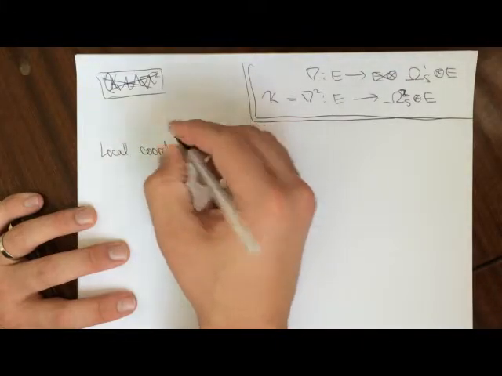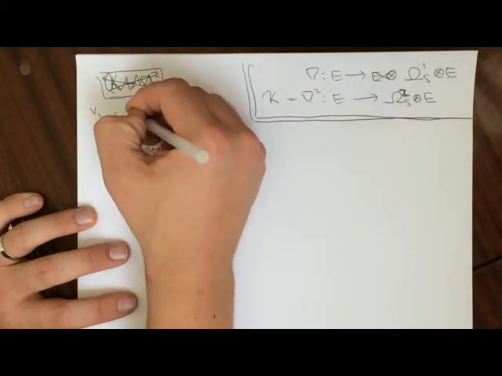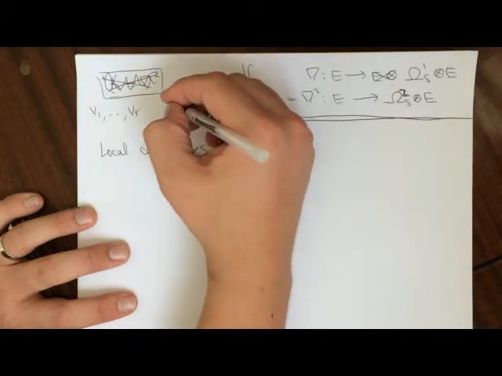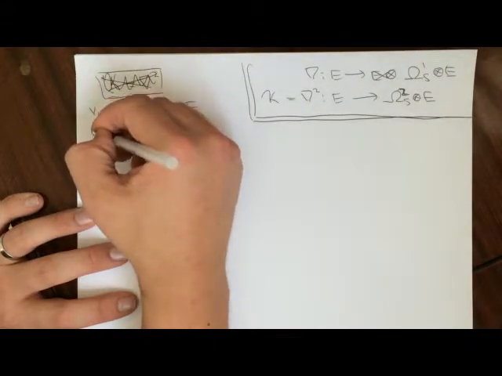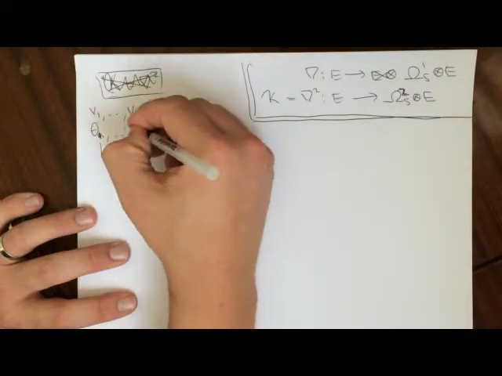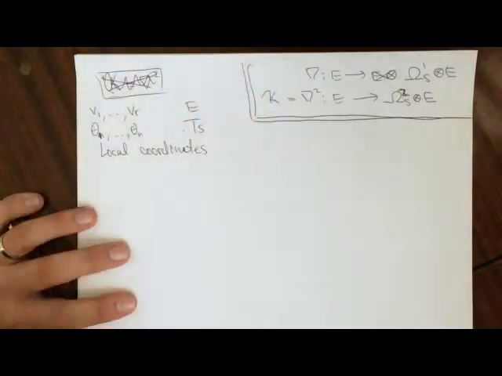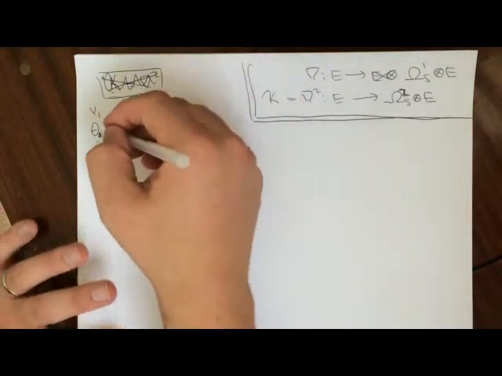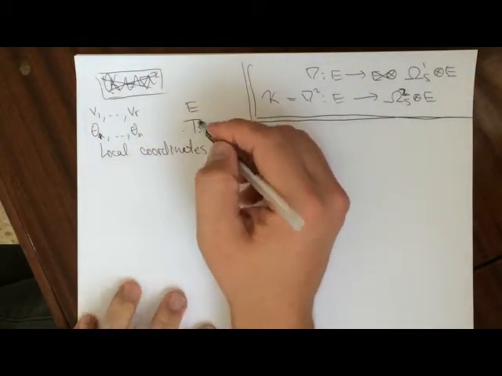Let's pick a basis for E, V1 up to VR, so it's a vector bundle of rank R. These are coordinates for V, and then we can take derivatives for theta 1 up to theta n. These are like tangent vectors, a local basis for derivations.